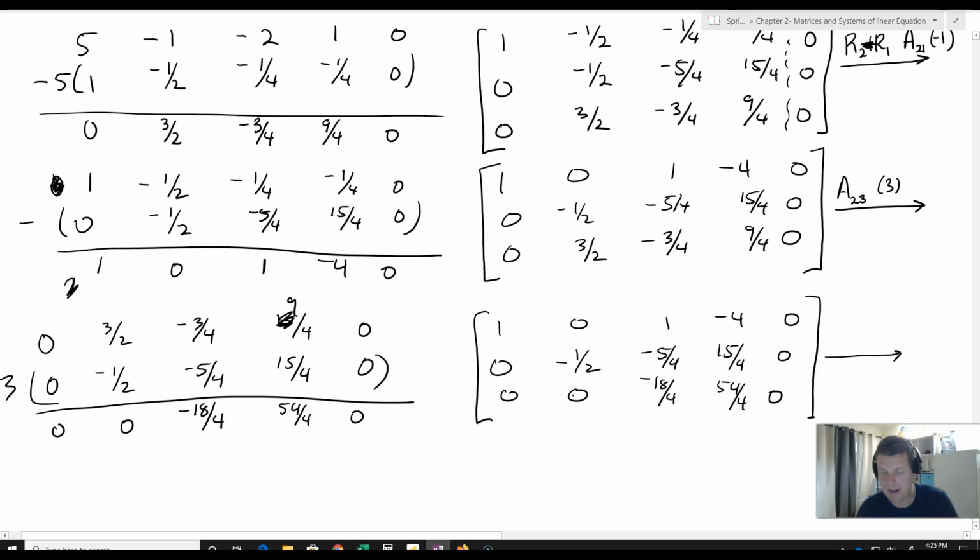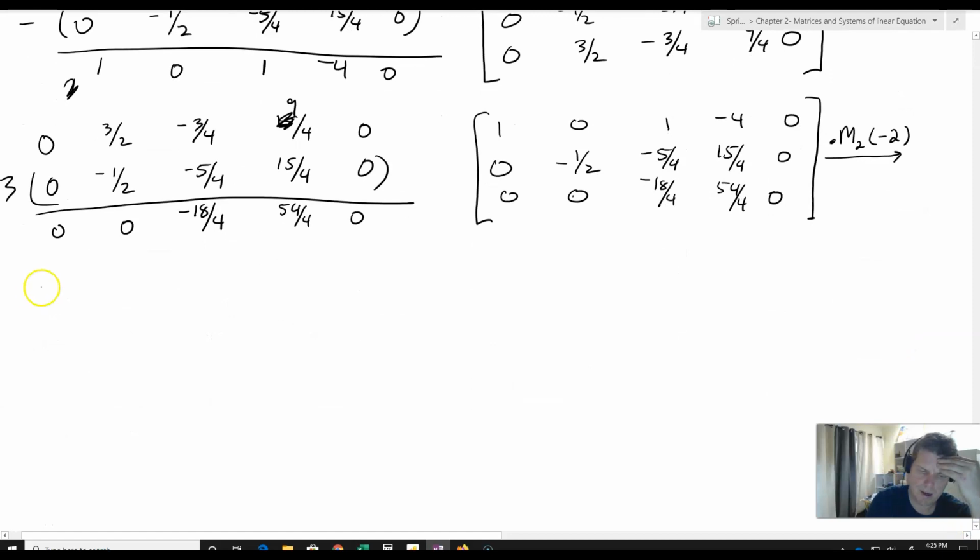All right, so now what I want to do is turn row 2 into a leading 1. So I'm going to multiply row 2 by -2.